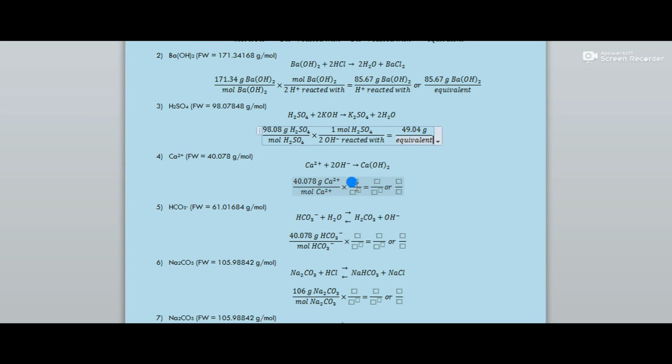Okay, so for calcium, it is an ion. It reacts with hydroxide to form calcium hydroxide.